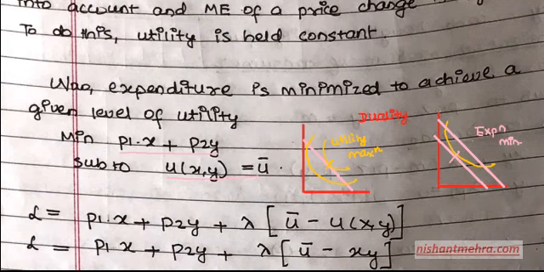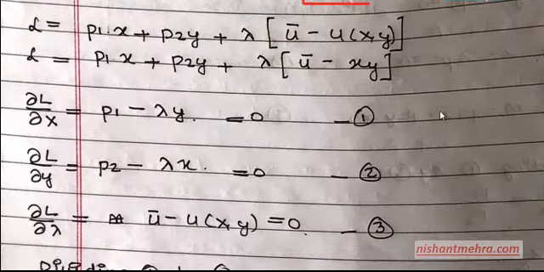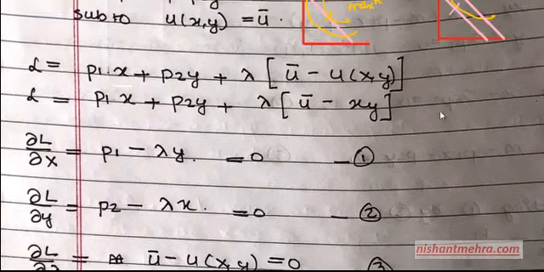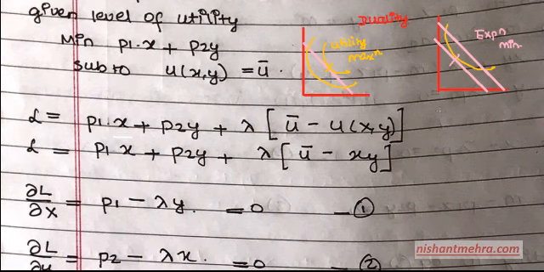So my expenditure function is P1x plus P2y, and I want to achieve this given utility. This becomes my minimization problem. So I have to minimize this subject to this constraint. So my constraint is this.